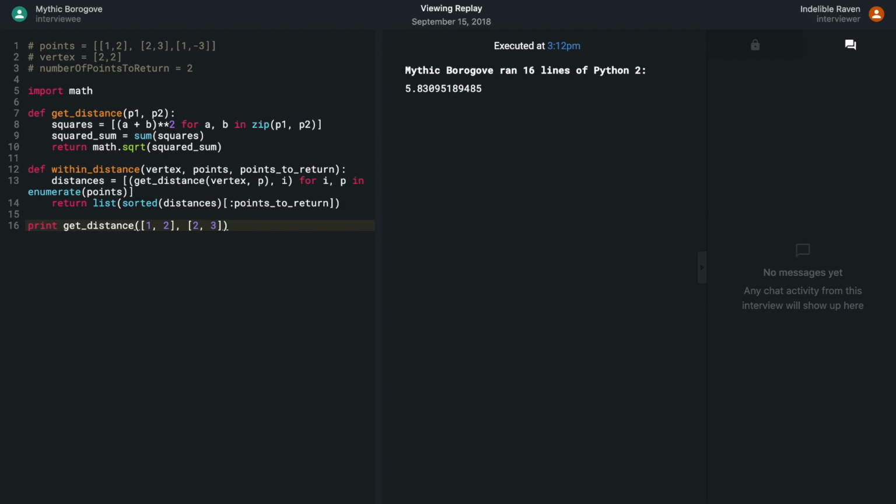No, it'd be like x1 minus y1 squared plus x2 minus y2 squared. It's a minus 2. Oh yeah, because it's the difference and then square to get rid of any negatives. Yeah, that makes sense. Yes, 4 plus what in that case? Yeah, so it'll be 1 plus 1, so 2 in the square root. Yeah, that's 1.41. Okay, cool. And this is something we can unit test too, just that function. Okay, and then moving back to within distance.